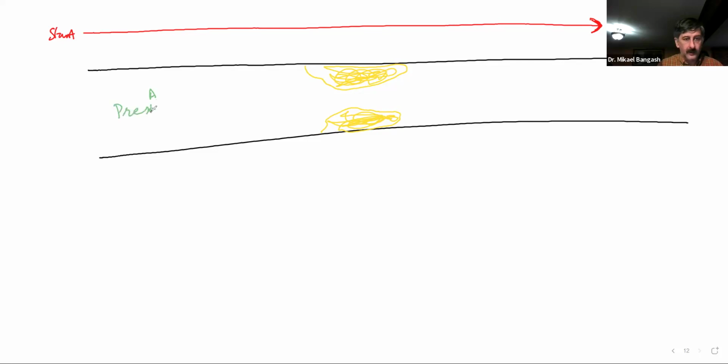We can call it the pre-stenotic area, because as far as the flow of the blood is concerned, it comes before the stenosis. Clear? That's why we'll call it pre-stenotic.